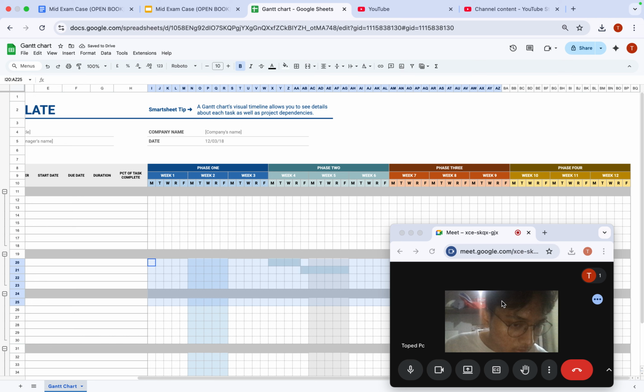I don't know why I did that. That's okay. I don't really mind that actually. Yeah, it's okay actually. So this is 29, 30, 31, and 1.